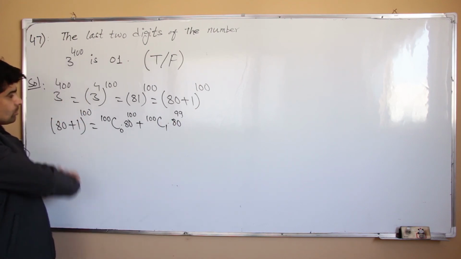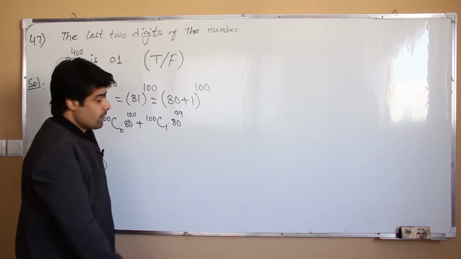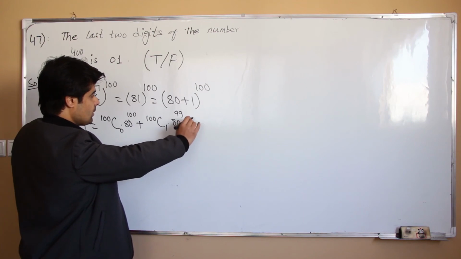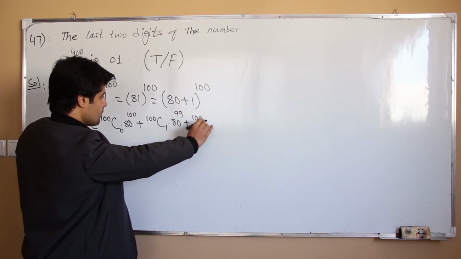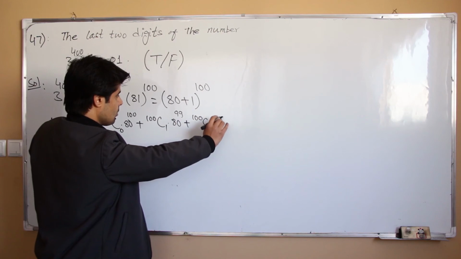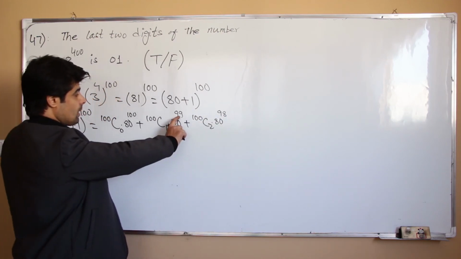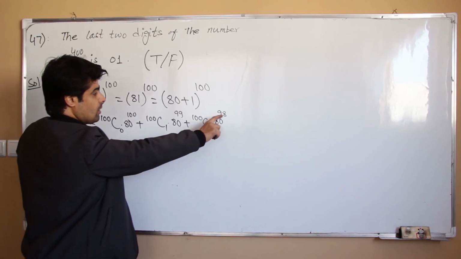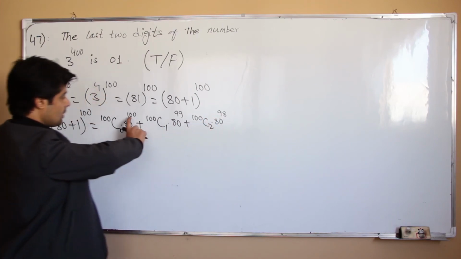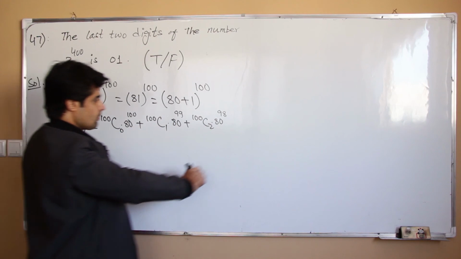And 1 raised to the power 1. And do not write 1. The next term is 100 C 2, 80 to the power 98. One thing you know, 99 plus 1 is 100, 98 plus 2 is 100, 100 plus 0 is 100.